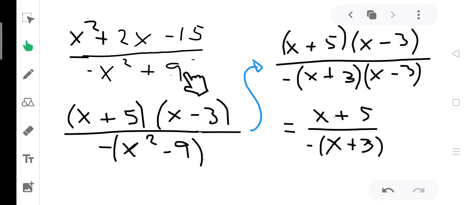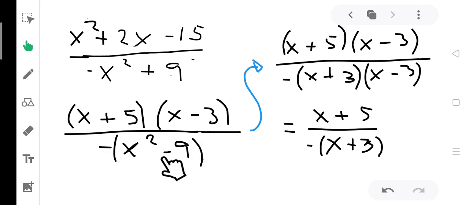Now, for the denominator, since the leading term is negative, we're going to factor out negative 1. For the other factor, negative x squared divided by negative 1 is positive x squared. Then positive 9 divided by negative 1 is negative 9.